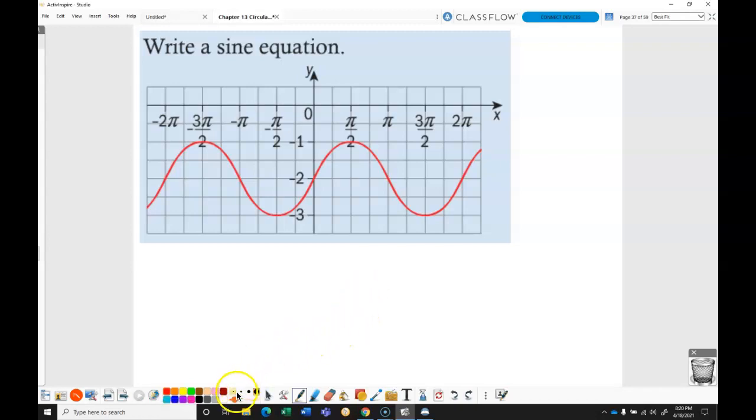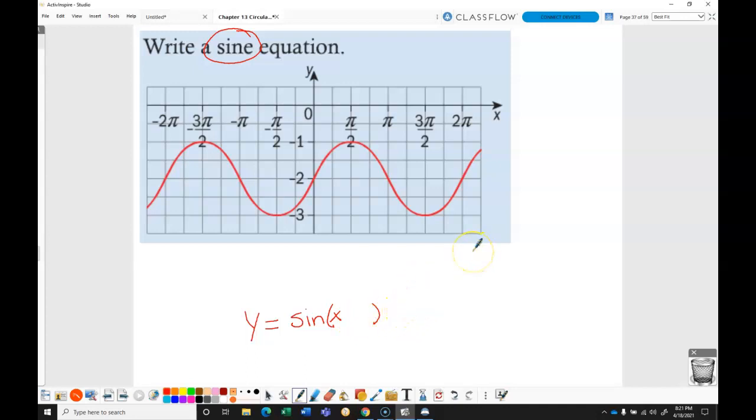Here we're looking to actually write an equation based off of what we see on the graph. Okay, so right off the bat, I know that I'm dealing with a sine equation. So I'm going to start with that. So y equals sine. And the only thing we've talked about so far is translations. So there's either going to be something in here with the x coordinate if we went left or right, and then there could be something on the outside if it goes up and down.